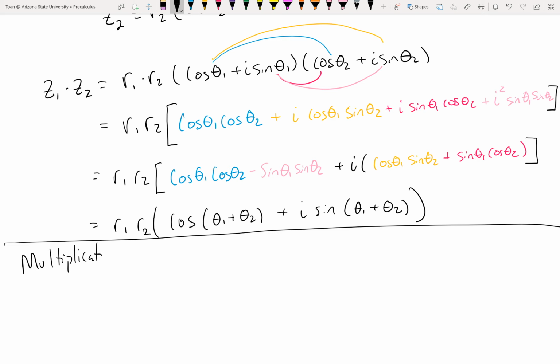Multiplication and division of complex numbers in polar form.